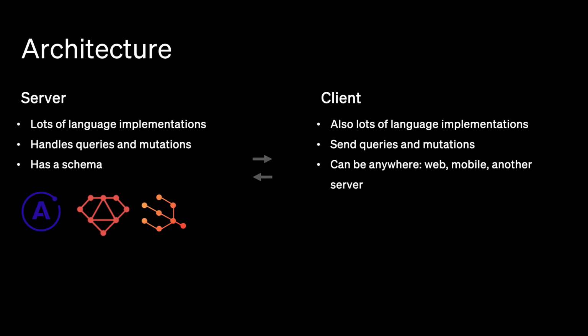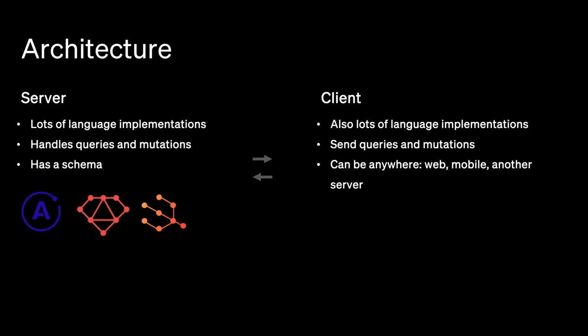The basic architecture is that you have a server, a GraphQL server, and there's lots of different language implementations. It doesn't have to be JavaScript or Golang, it can be any one of them. Your server will handle queries and the mutations, and it has a schema that you define, and then the client queries and mutates against that.